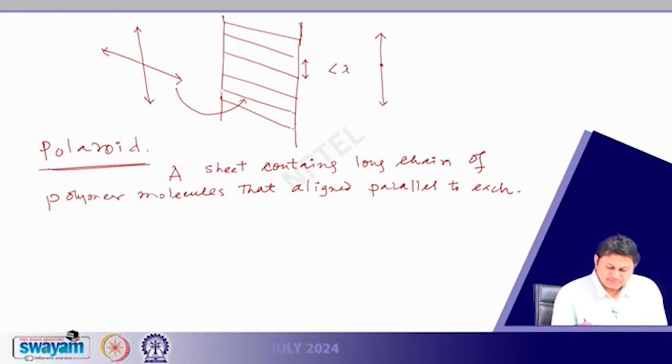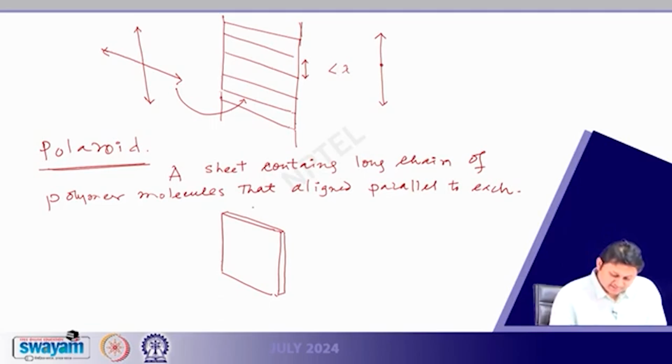So, it is the same system we are using here, but instead of putting copper wire with the spacing of the order of lambda, we are using Polaroids that naturally give us this kind of system where the polymer molecules are arranged.